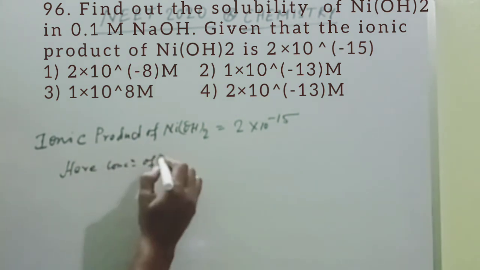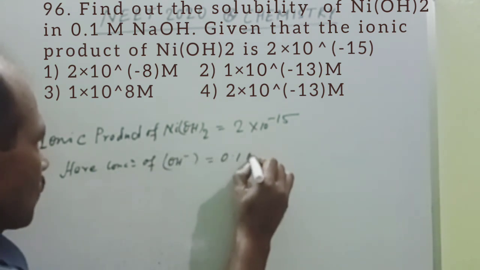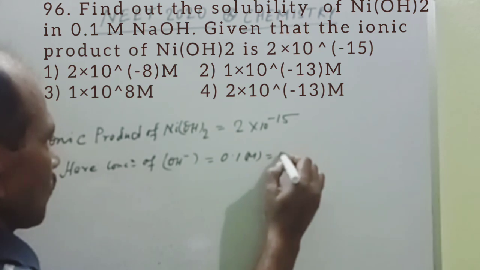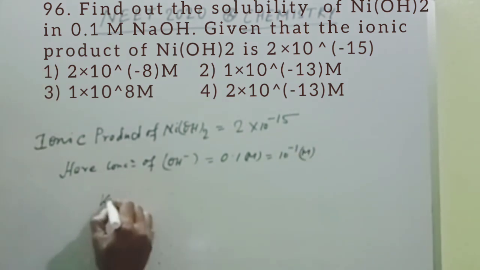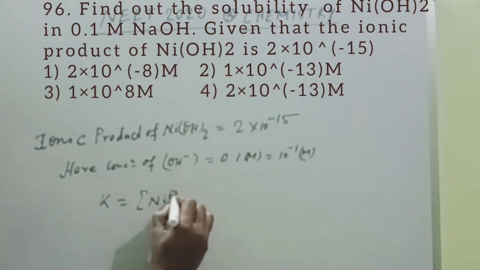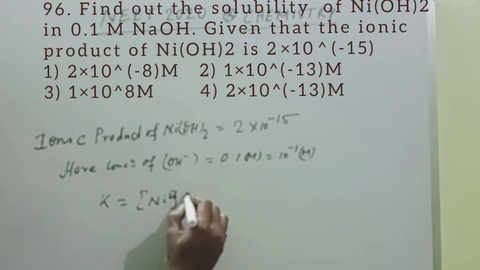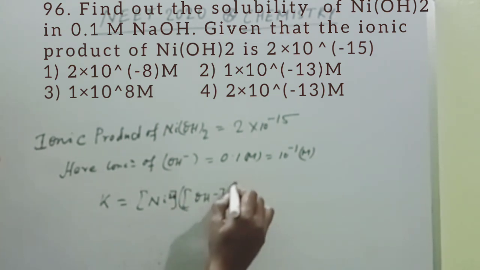Ionic product of Ni(OH)2 is equal to 2 into 10 to the minus 15. Here the concentration of OH minus ion is 0.1 molar, that is equal to 10 to the minus 1 molar. Ionic product K equals concentration of Ni2 plus into square of concentration of OH minus ion.